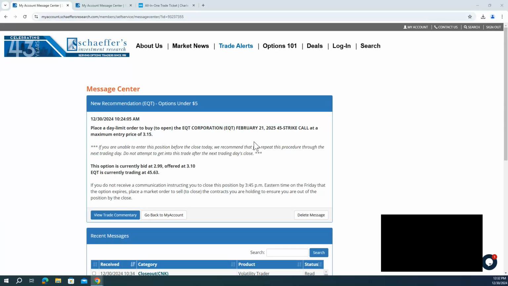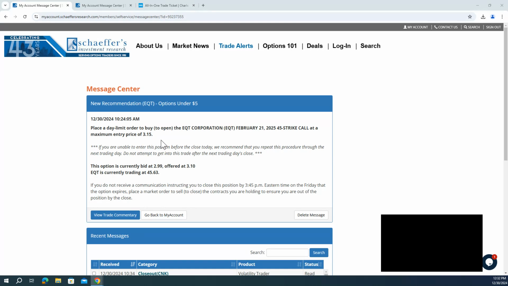Then we have the maximum entry price of $3.15. This is going to work as our limit order because the trading team does not want us to pay more than $3.15 to enter the trade.